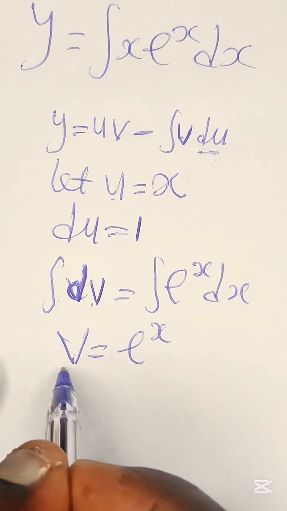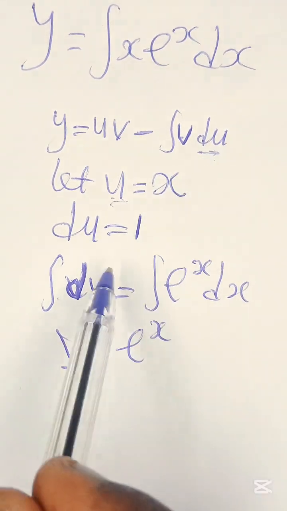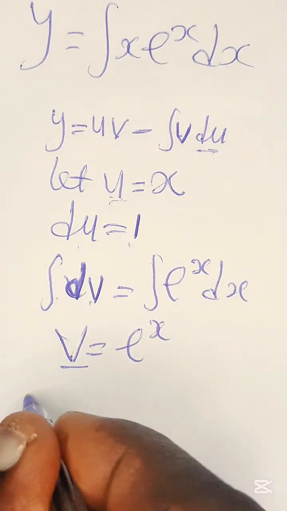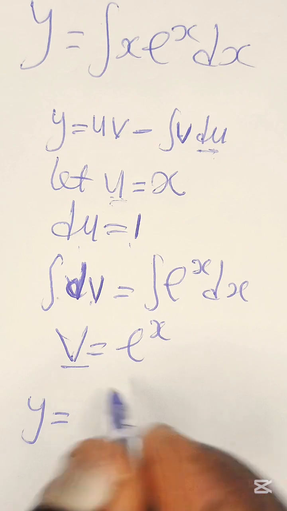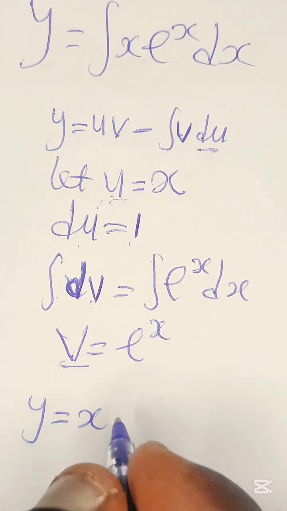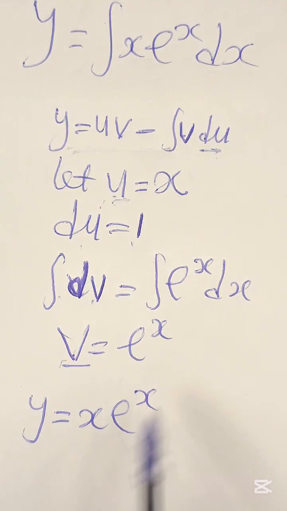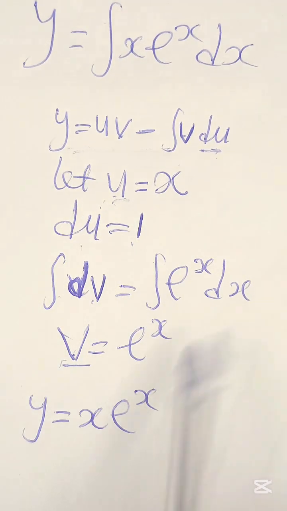So I've known my v, I've known my u, I've known my du is 1. Therefore, y is equal to: u is x, v is e^x. Just copy and paste into the formula, integration by parts.